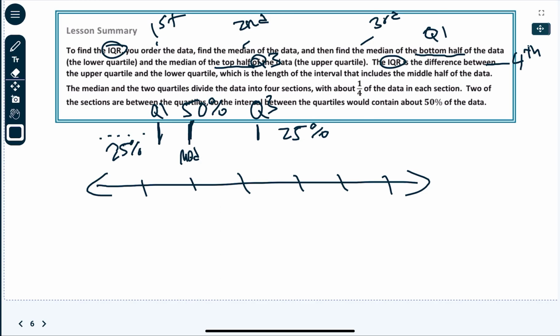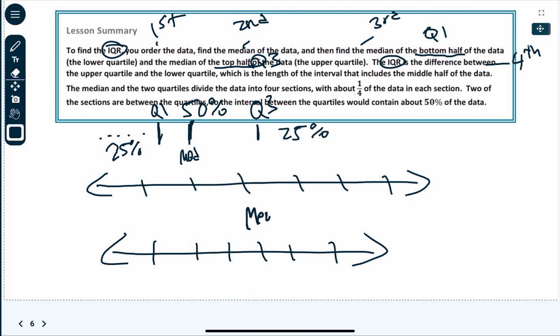Okay. And if you think about it in terms of the MAD, let's say the mean is right here, and we said the MAD is equal to 3.